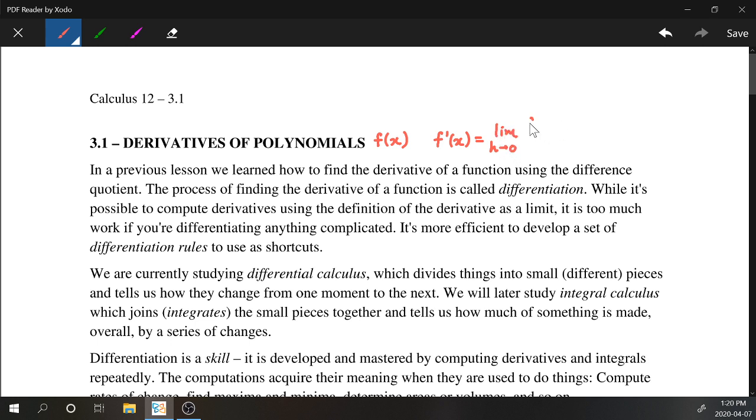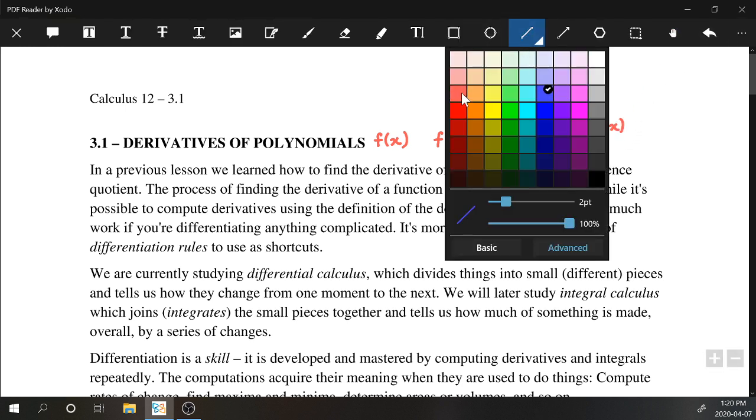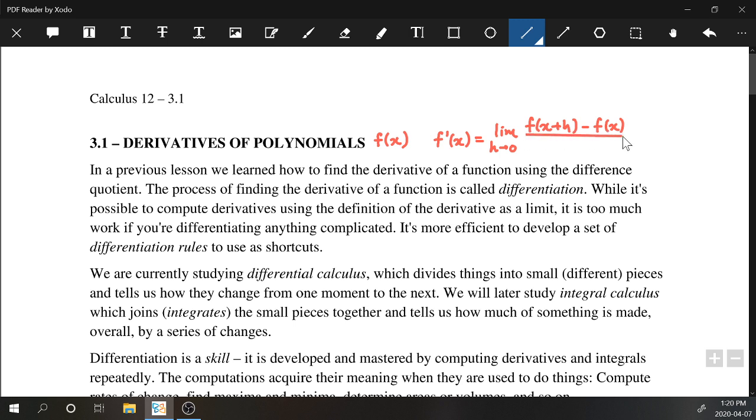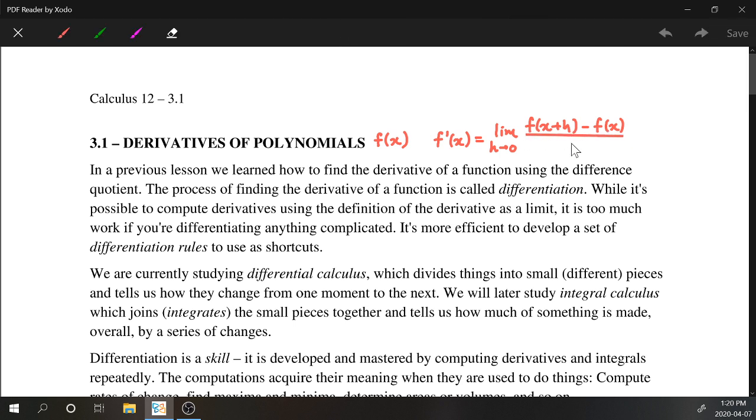And then we have f of x plus h minus f of x. And then, of course, that's going to be all over h.